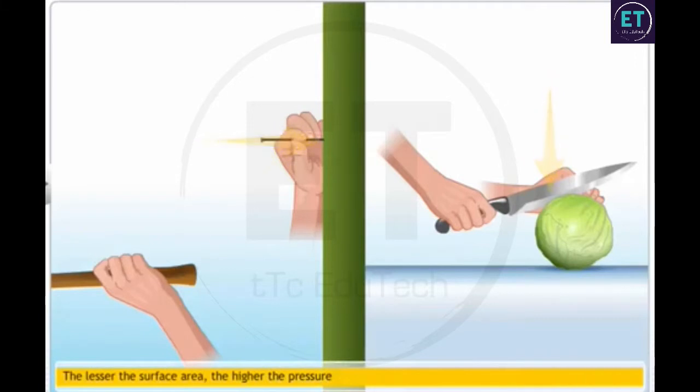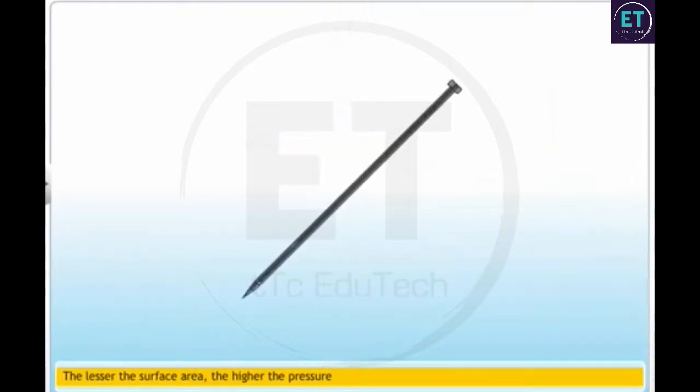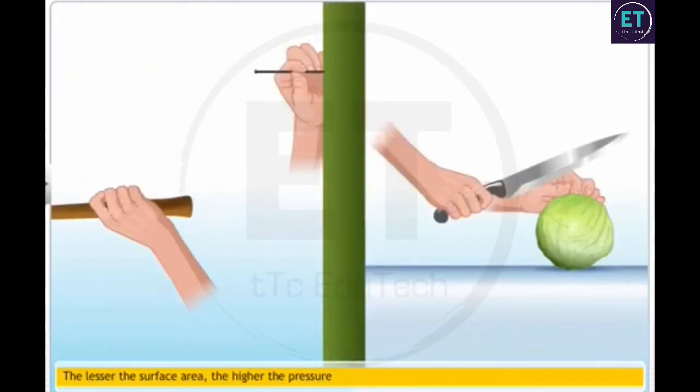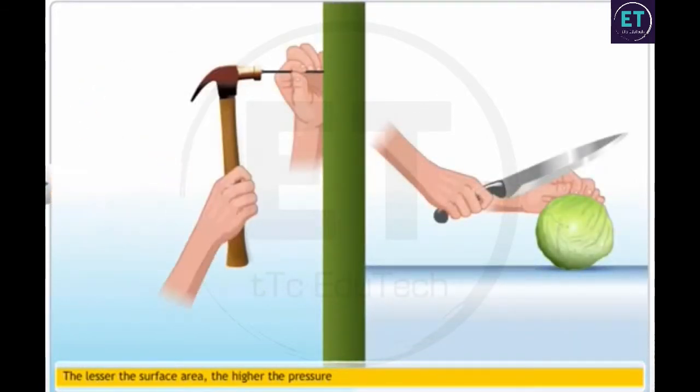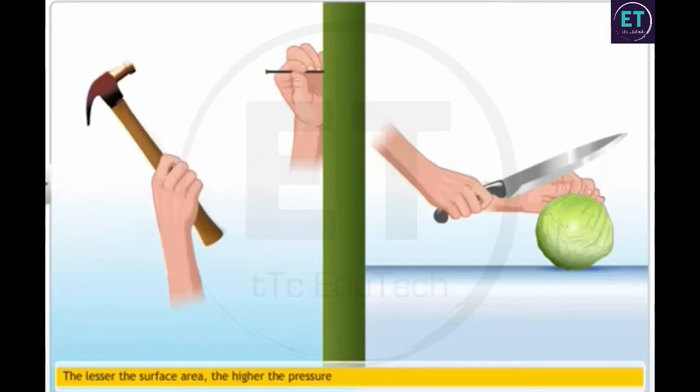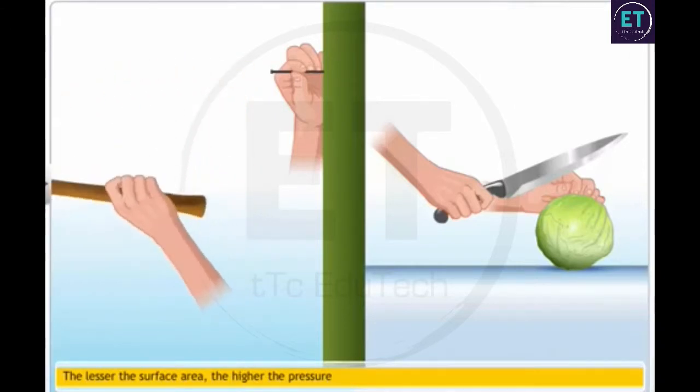The lesser the surface area of an object, the more the pressure applied by that object. The pointed tip of the nail minimizes the surface area of the nail on which thrust is applied. Therefore, while driving the nail into the wall, the pressure of the hammer is maximized, which helps drive the nail into the wall.